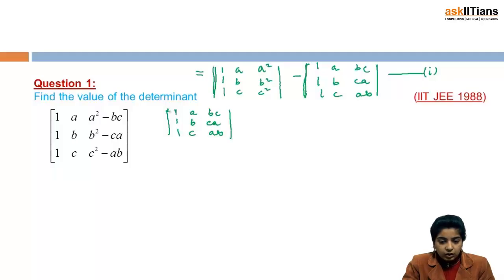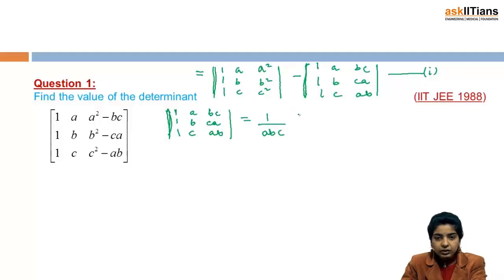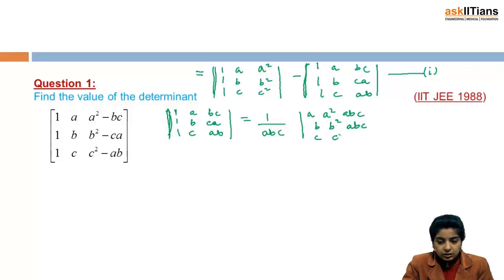The easiest thing you can do is, since this term can be made as ABC and maybe I'll be able to take out something common, so I multiply and divide by ABC, right? So this gives me 1 by ABC into, this becomes 1, A square, and then I have ABC, and then B square, again ABC, C square and ABC.